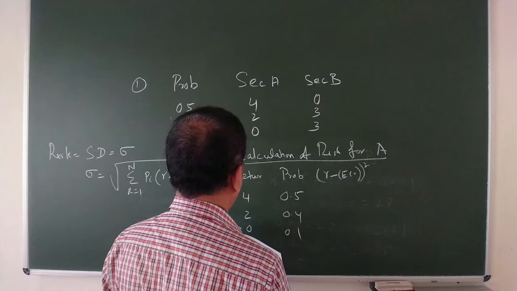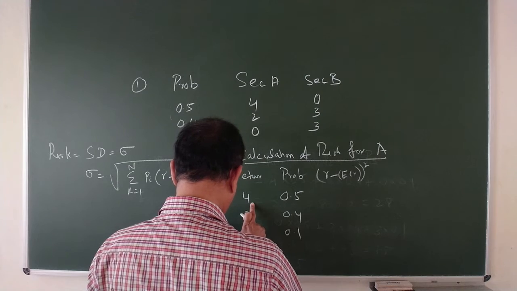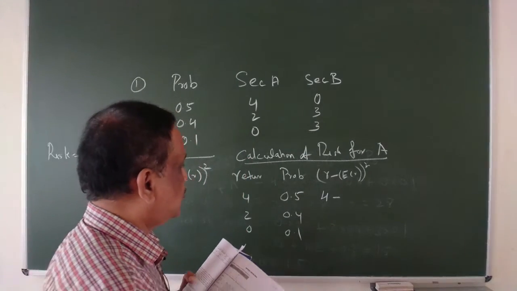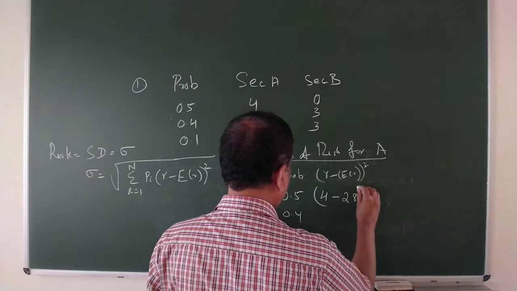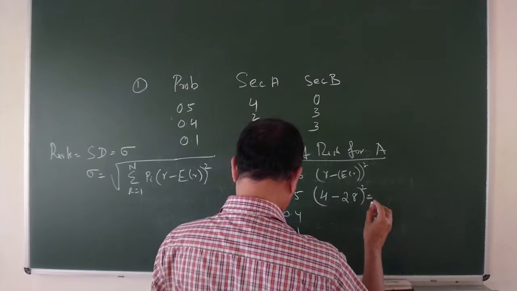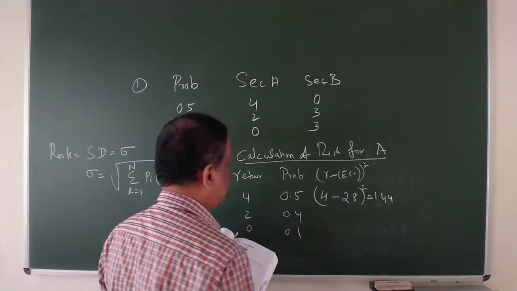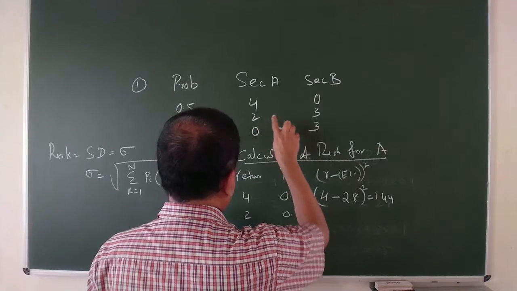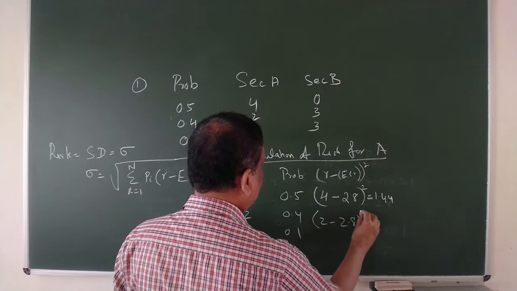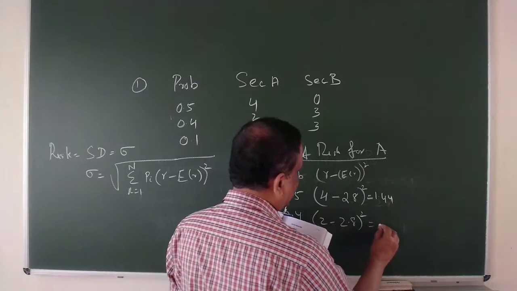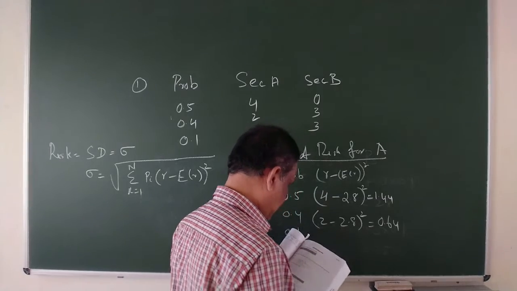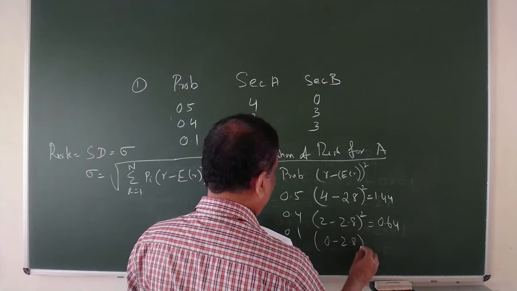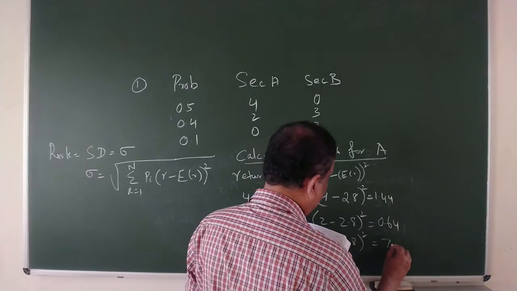Here R is 4 minus the expected return of A, which we calculated as 2.8, whole square, and this is 1.44. Then 2 minus 2.8 is 0.8, whole square is 0.64. The third one is 0 minus 2.8, whole square, which is 7.84.